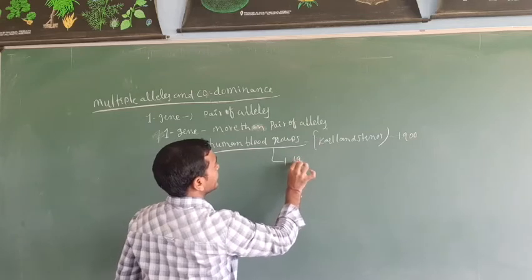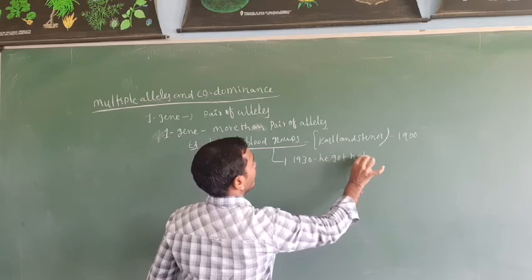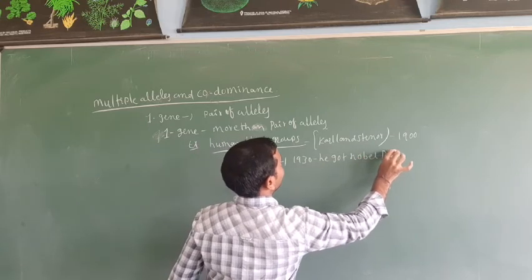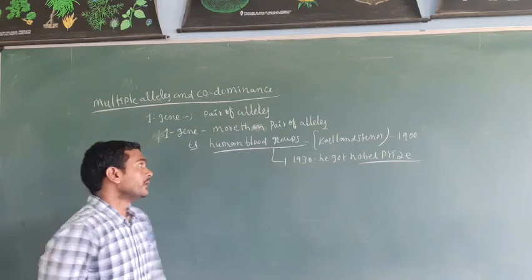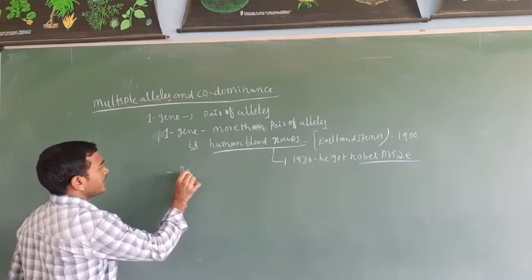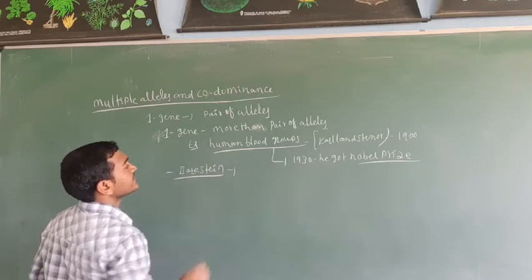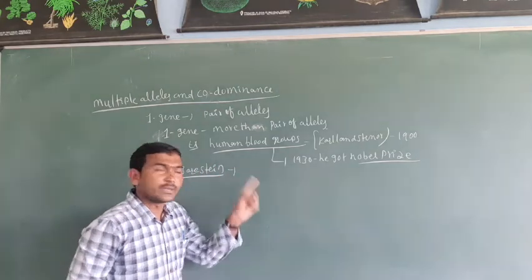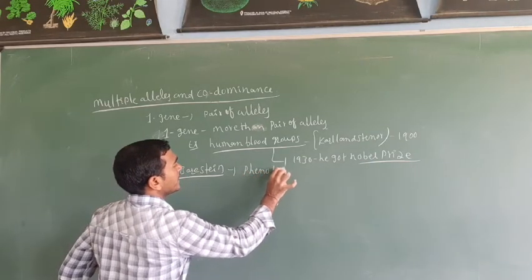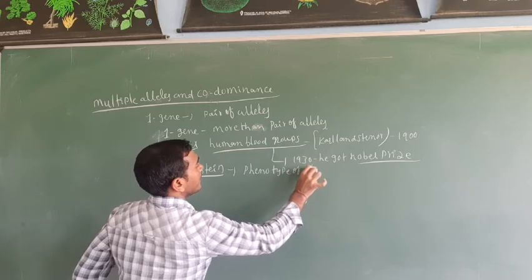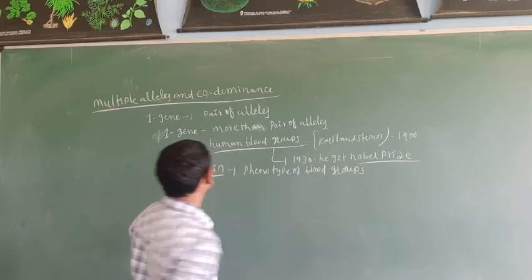But in 1930, he got the Nobel Prize for the discovery of the blood groups. Then another scientist, Bernstein, discovered the phenotype of the blood groups.